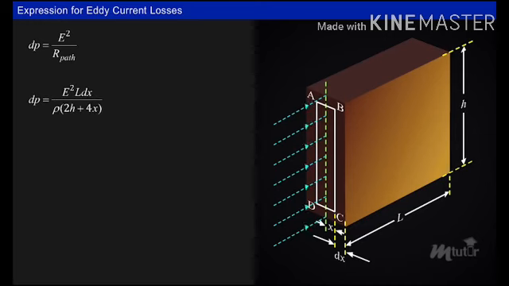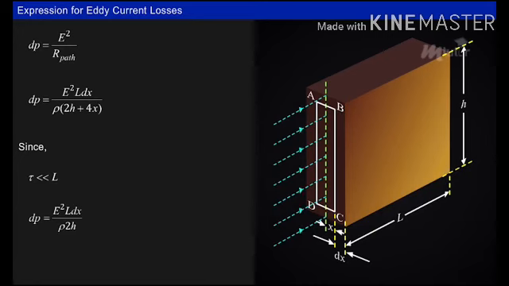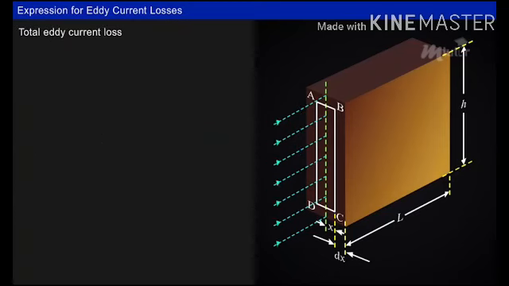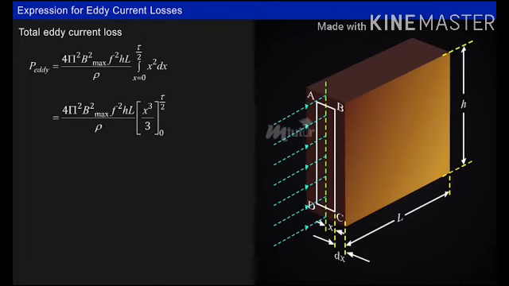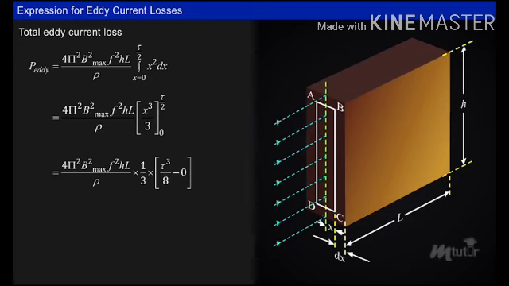By substituting R path, power loss is reduced to E square L dx by rho 2h. Then the total eddy current loss is obtained after substituting the value of E square and integrating the variable x from the limit x equal to 0 to tau by 2.